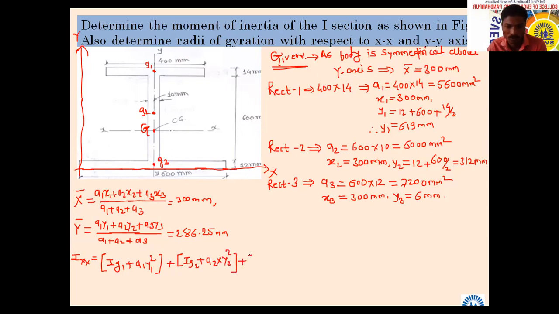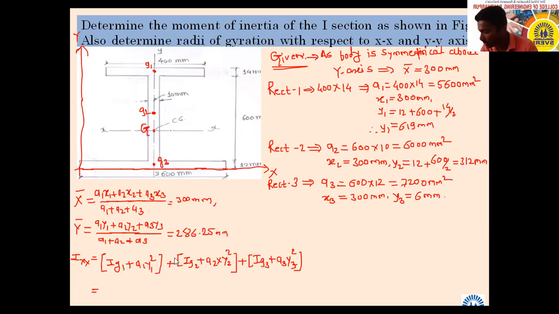Then IG3 plus A3 into Y3 square. Okay, so just check. Now this is the most important line from this chapter.